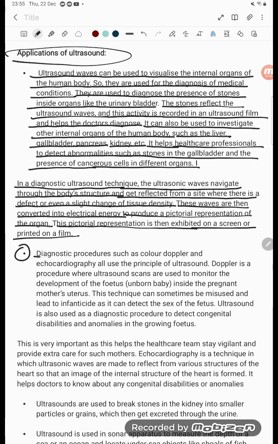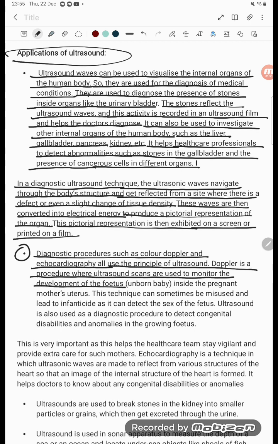Second, diagnostic procedures such as color Doppler and echocardiography all use the principle of ultrasound. Doppler is the procedure where ultrasound scans are used to monitor the development of the fetus, the unborn baby inside the pregnant mother's uterus.